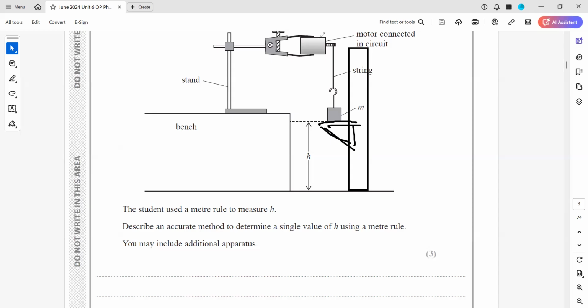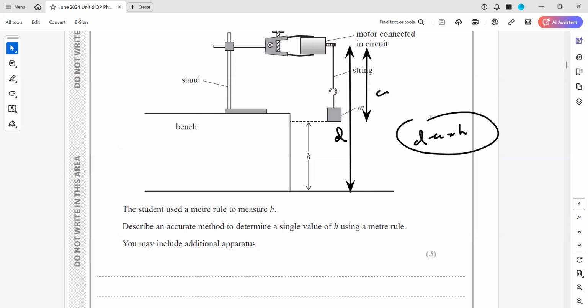Or, what is more important, we can measure this total height, and then we measure this height, and we can subtract. What is the advantage? Let's say this is D and this is A, so D minus A will be equal to h. What is the advantage of doing this method?